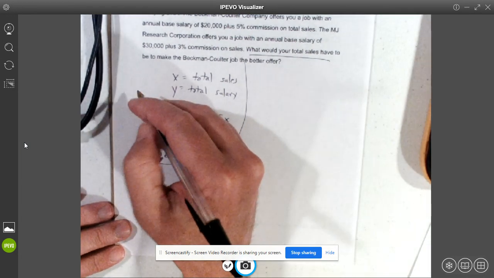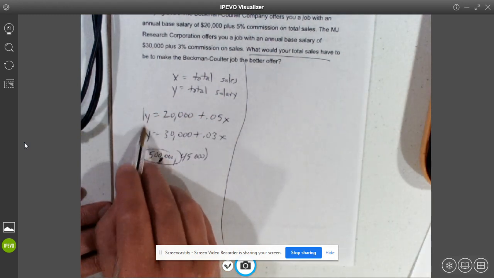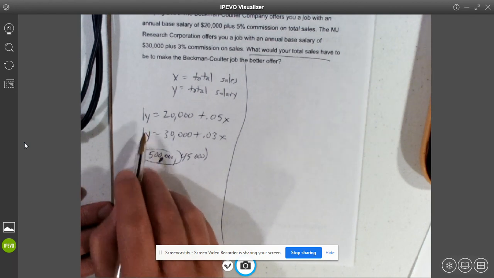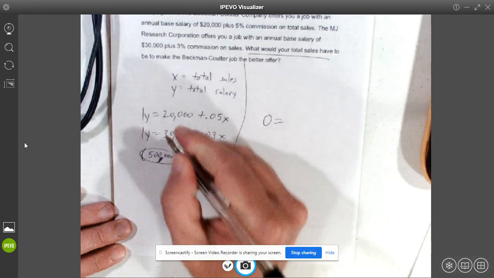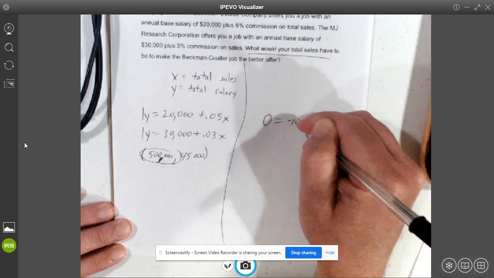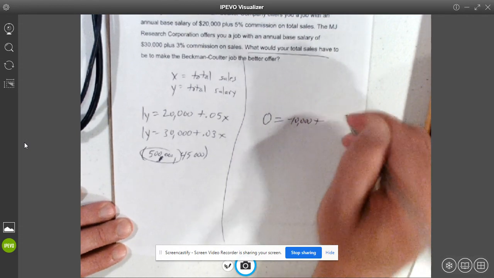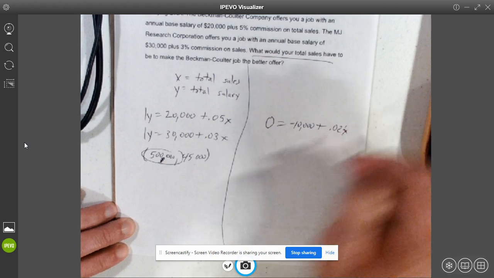Actually, I'm going to subtract these two, because I've got my coefficients that are the same there. If I subtract those two, that would give me 0 equals, and now 20,000 minus 30,000 is negative 10,000, plus 0.02x.